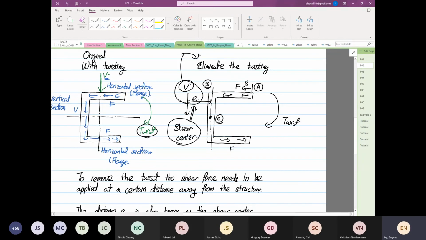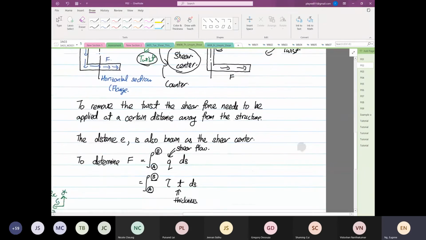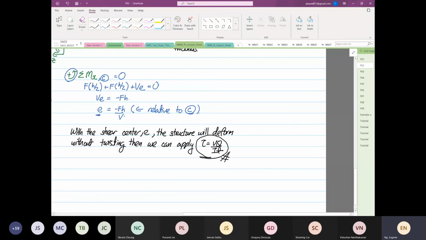Once we have the offset, the V multiplied by E, together with F multiplied by a certain distance of H over 2, for example, we generate a counter twist. By applying Newton's third law, action equals reaction, we got rid of the twist, and then we can apply the formula, shear stress is equal to VQ over IT. So that's where we finished off.